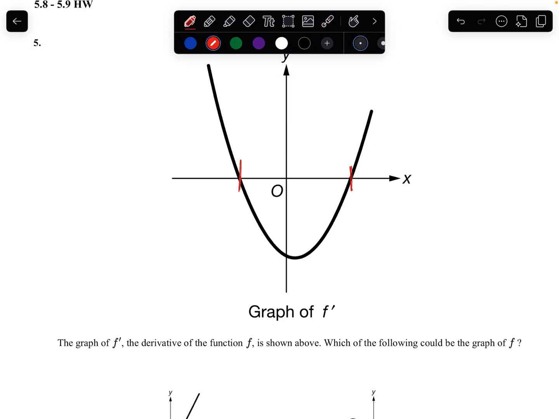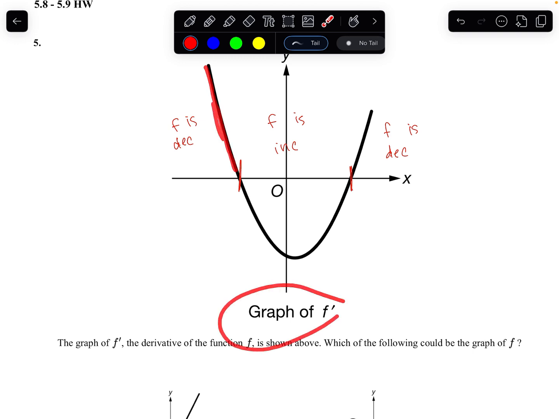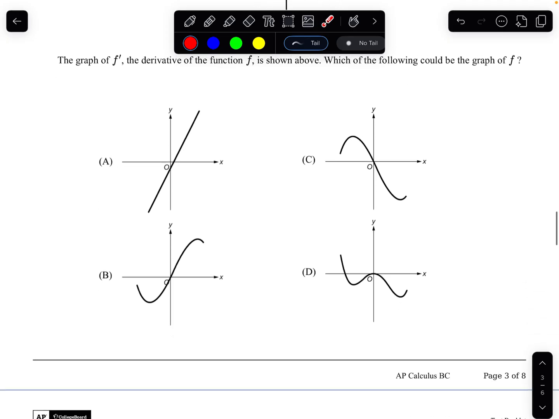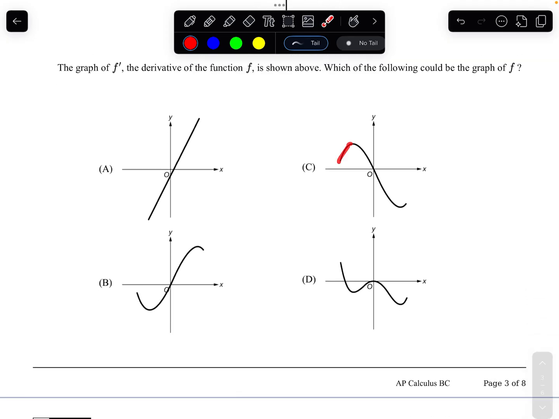This means f is decreasing, and then it's increasing, and then f is decreasing again. Where f prime is positive, that means f is going to be increasing. So increasing, increasing, decreasing, increasing, decreasing.